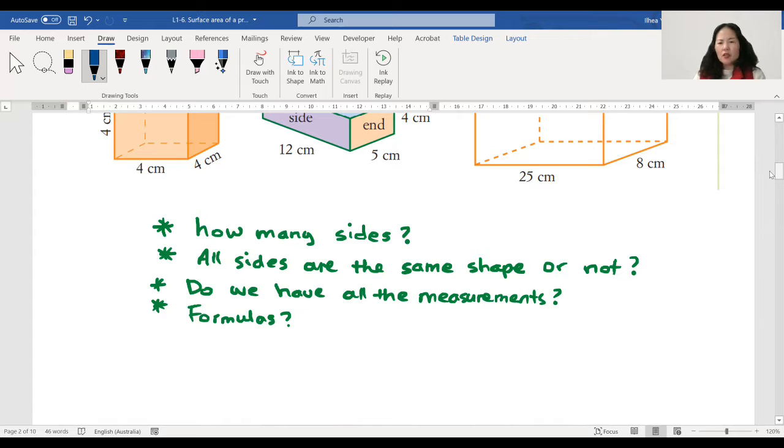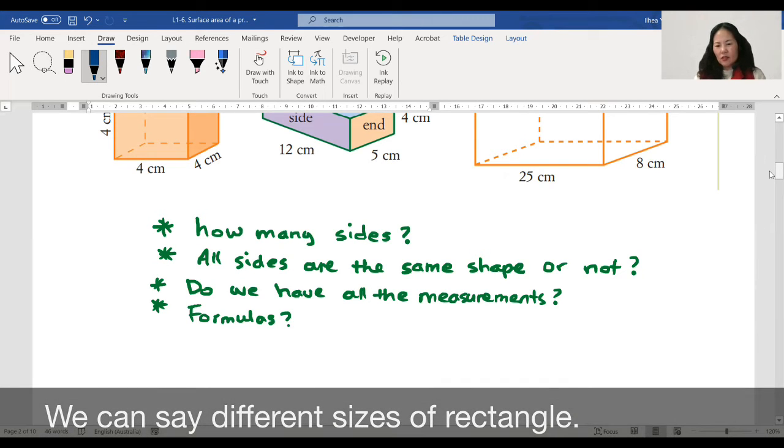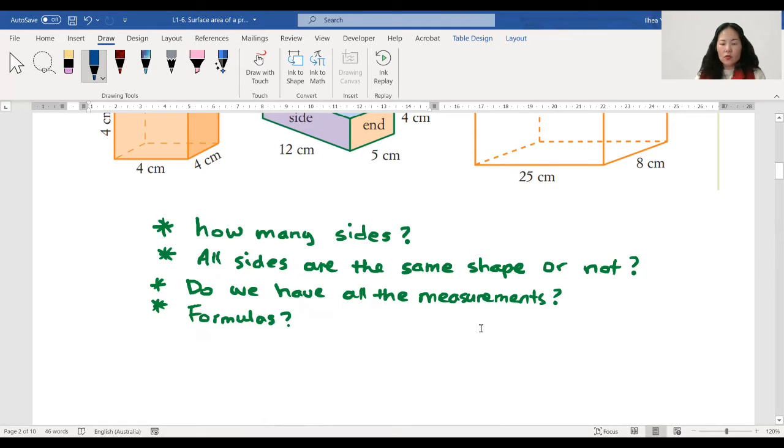But with rectangular prisms, some faces might have the same size, so there'll be the same shape, but other parts may not be the same size. So we can call it a different shape, okay? And do we have all the measurements? We make sure we have all the necessary measurements we need. And we need to think about which formula we have to use. It depends on which prism you have, different formulas you will have to use.